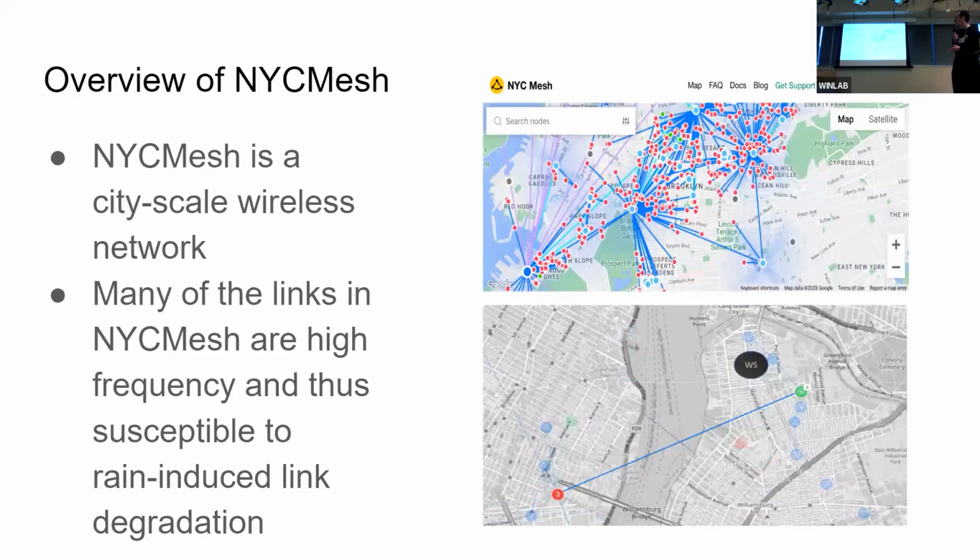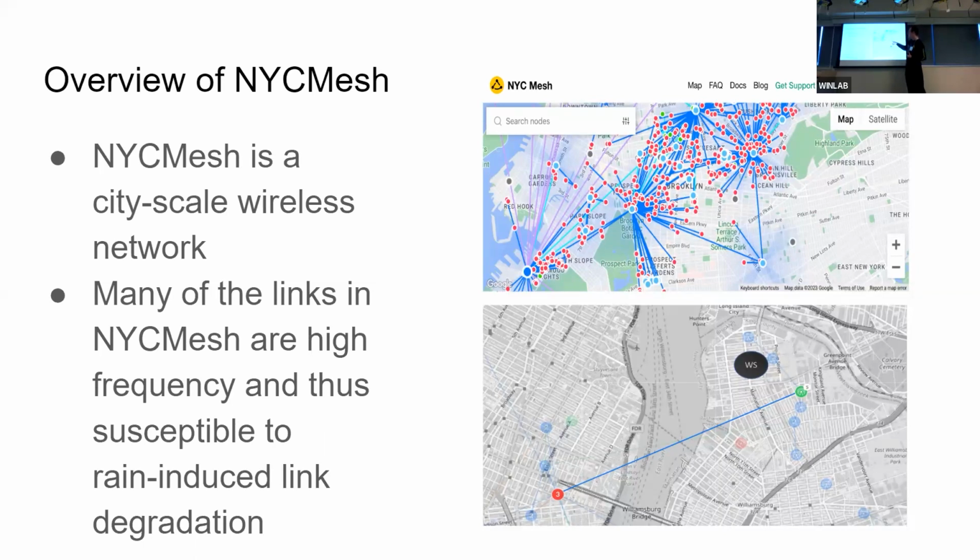Okay, so New York City Mesh, like I said, is a city-scale wireless network, and many of the links in this network are high frequency and thus susceptible to the rain-induced link degradation that I talked about. Here we can see basically all of the links in New York City Mesh.